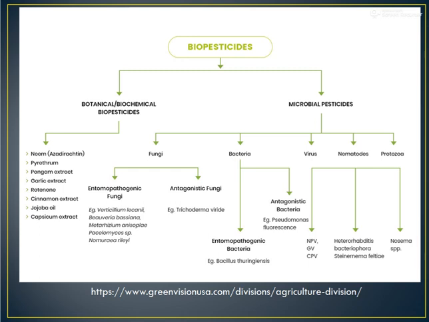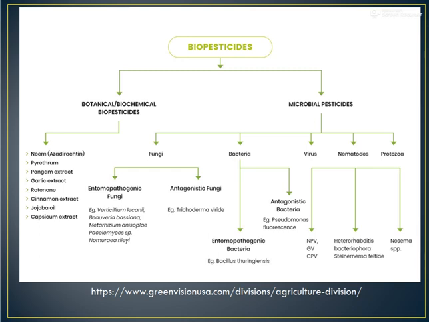Now coming to the microbial pesticides, we mainly have fungi, bacteria, virus, nematodes and protozoa. Since we are dealing with microbiology, we are concentrating mainly on the microbial biopesticides, and the coming classes as well as discussions on biopesticides will be more related to the microbial pesticides.